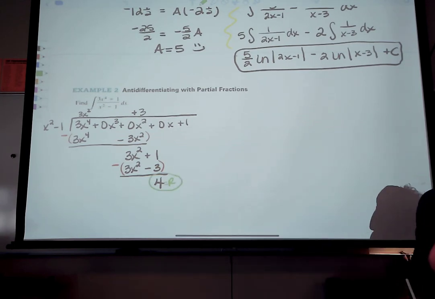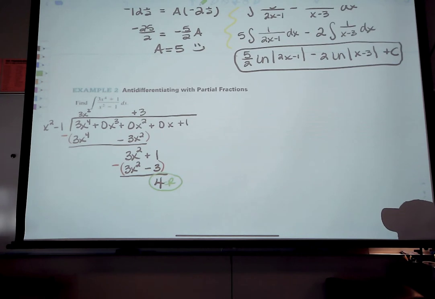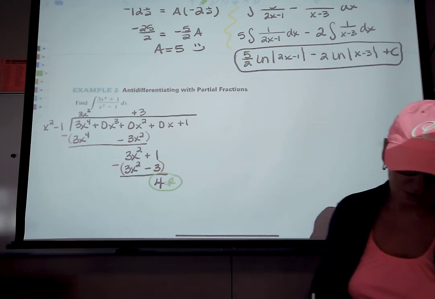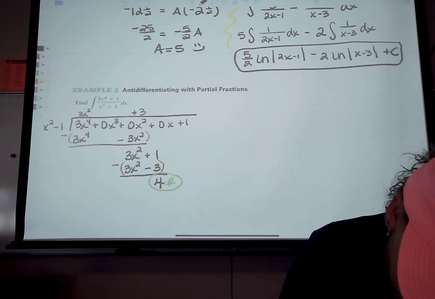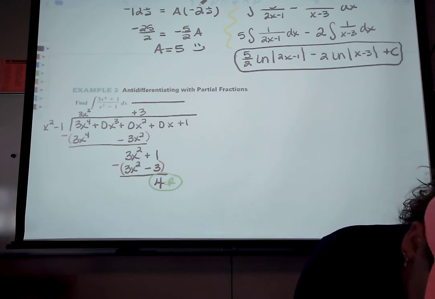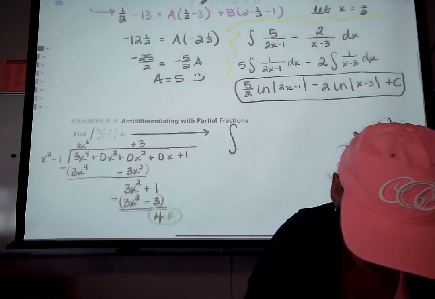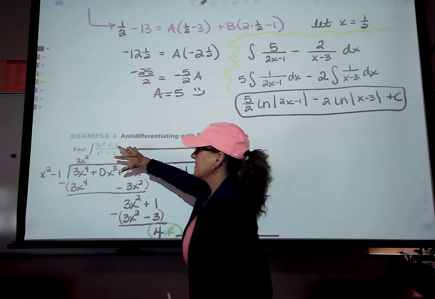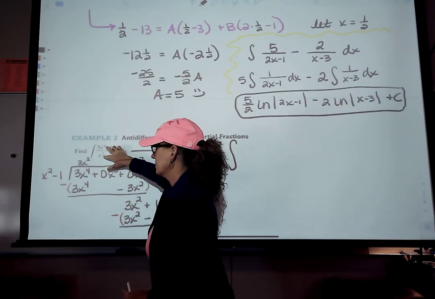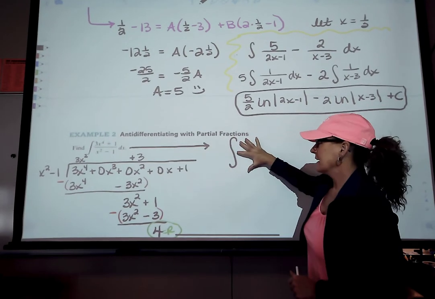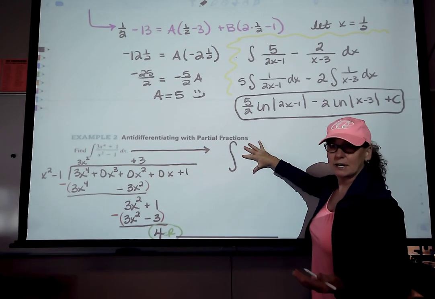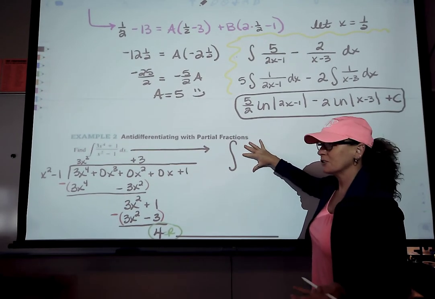Okay, so I ended up with a remainder of 4. After doing this division, I'm going to rewrite my integral as the result of what I got when I did my division, because they're equivalent expressions.